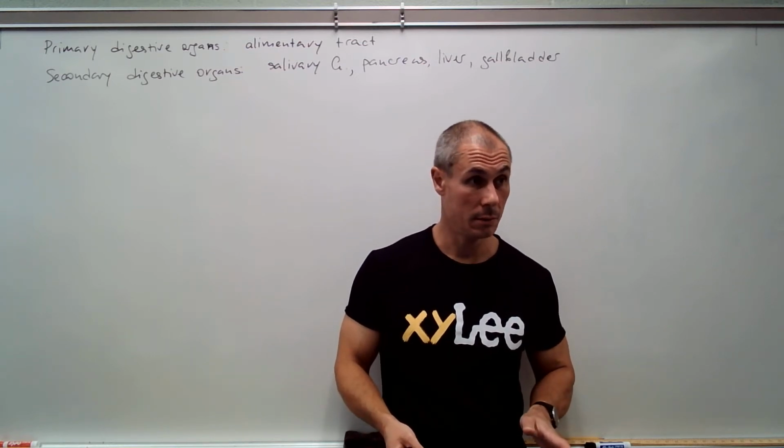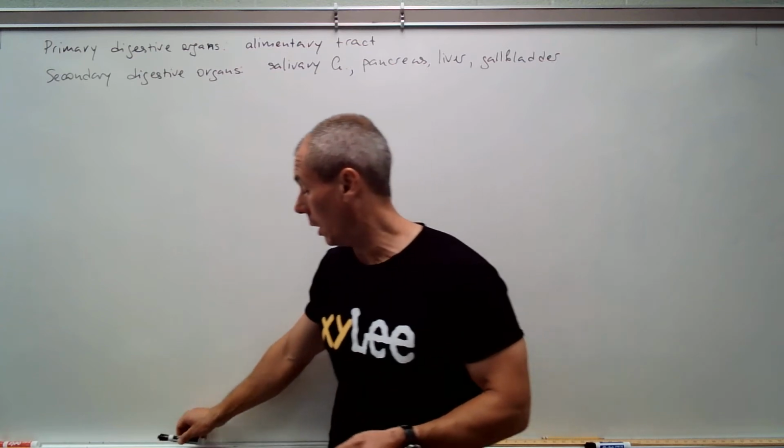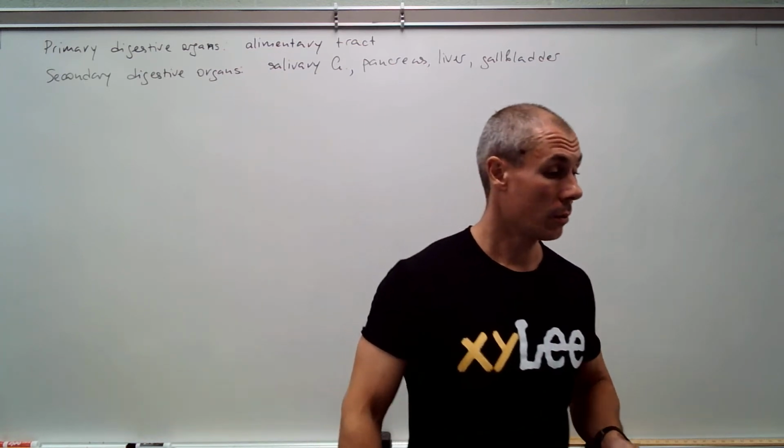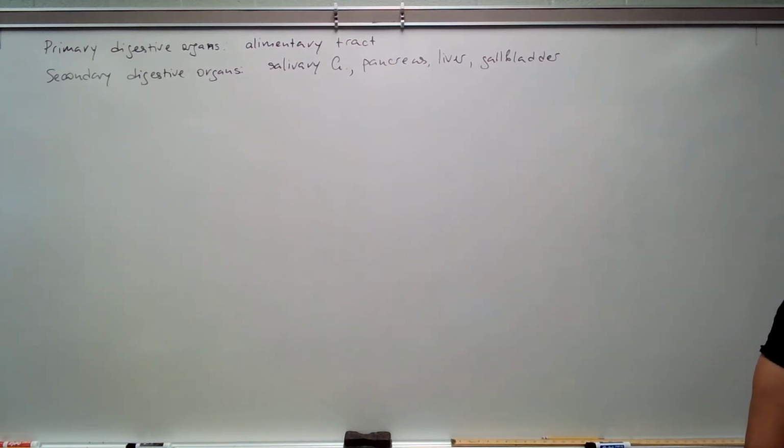Does that make sense? So, the usual question: what about the tongue? Since it's a part of the mouth, the tongue is generally considered to be a secondary digestive organ.